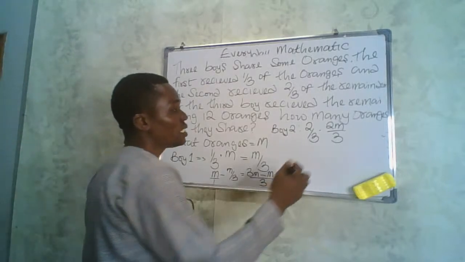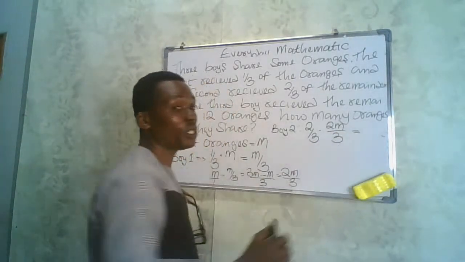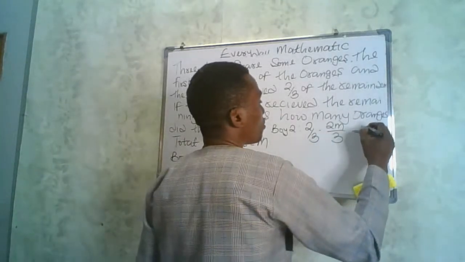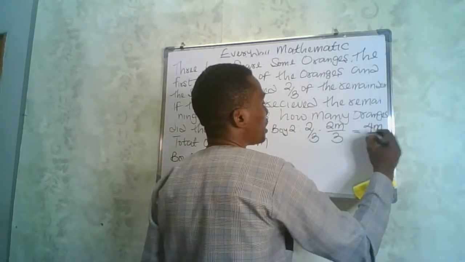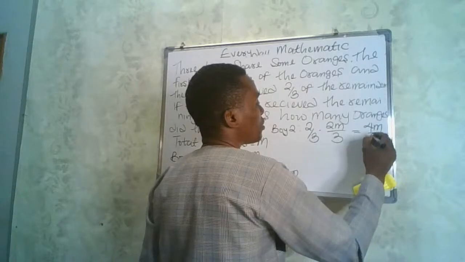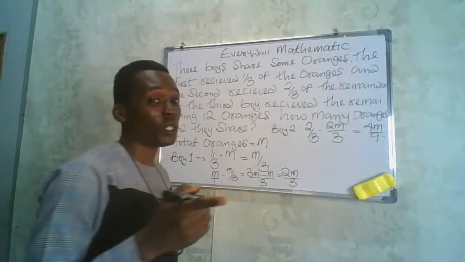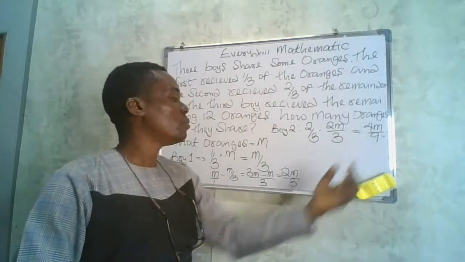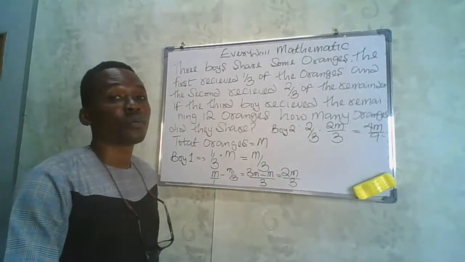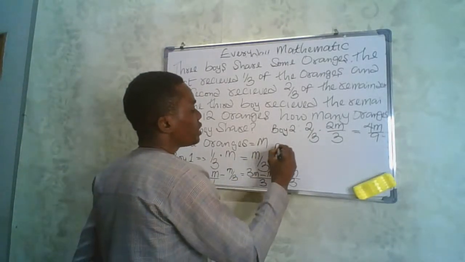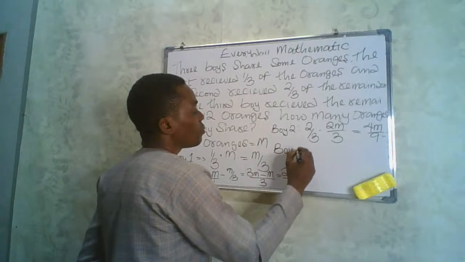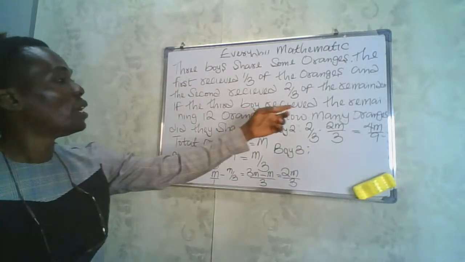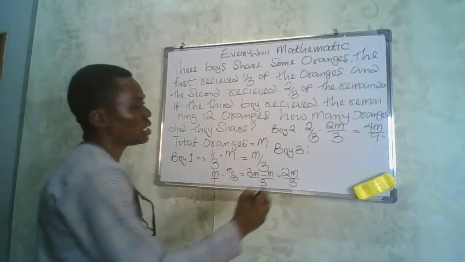When you simplify this, you are going to have 4m divided by 3 times 3, which gives us 9. Remember, we are not adding, we are multiplying. So the second received 4m divided by 9. And what did boy 3 receive? The third boy received the remaining 12 oranges. 12.